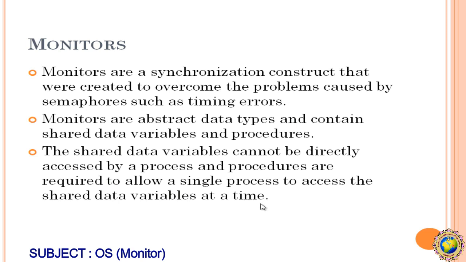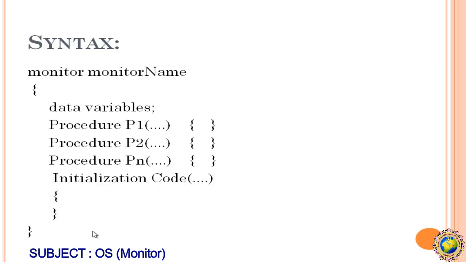Different languages have their own syntax to implement monitors. To understand the monitor, we will see the general syntax of a monitor. Monitor, then the monitor name, then data variables, or we can say shared variables declaration, condition variable declaration, and procedure, then body of procedure, procedure 2 up to procedure n.